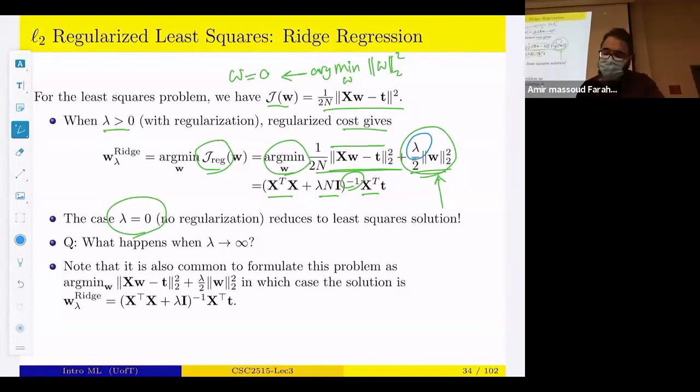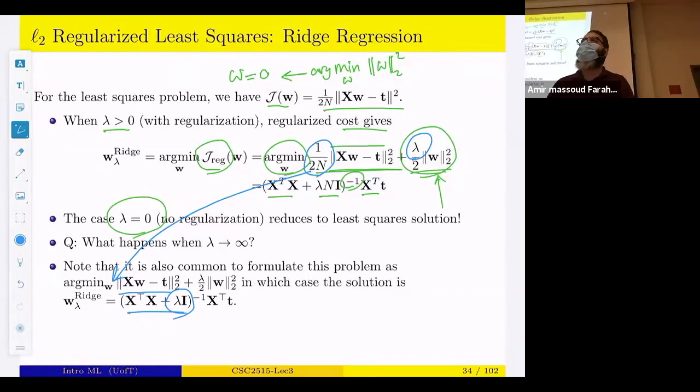But also, as I mentioned here, sometimes instead of having 1 over n in the formulation, we have it without 1 over n. In that case, the solution that we get would be X transpose X plus lambda I, without any n. Both of them are common in literature, so it doesn't really matter. The only thing is which coefficient we are using.